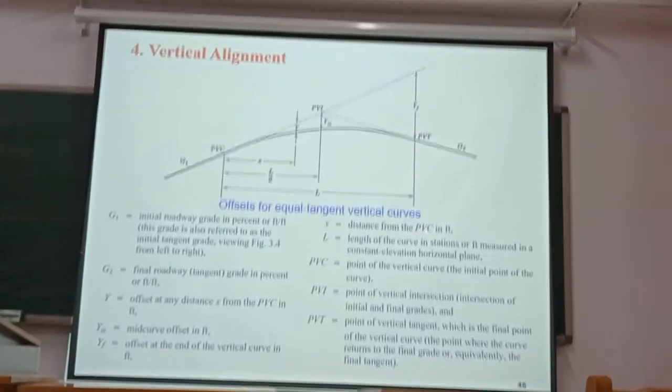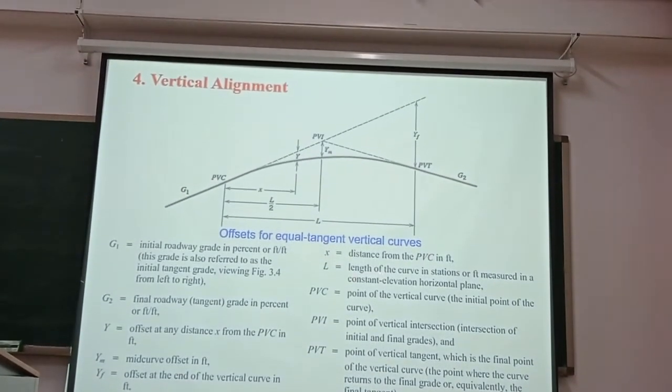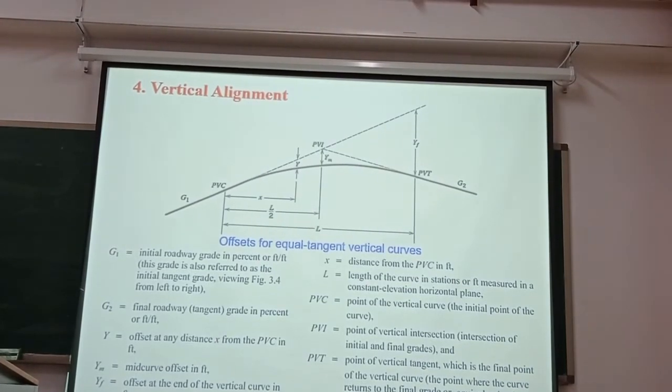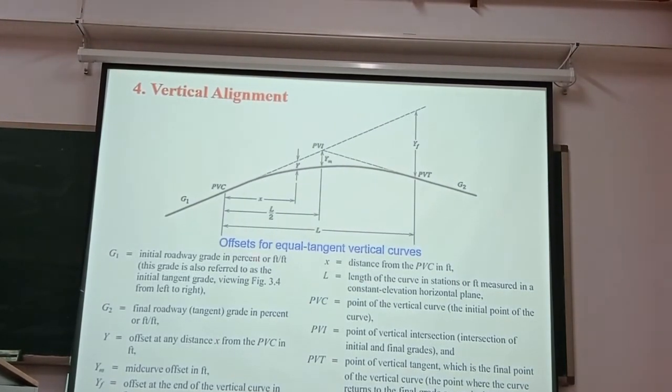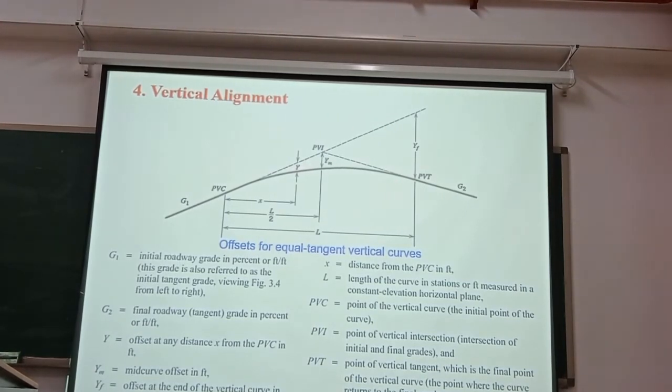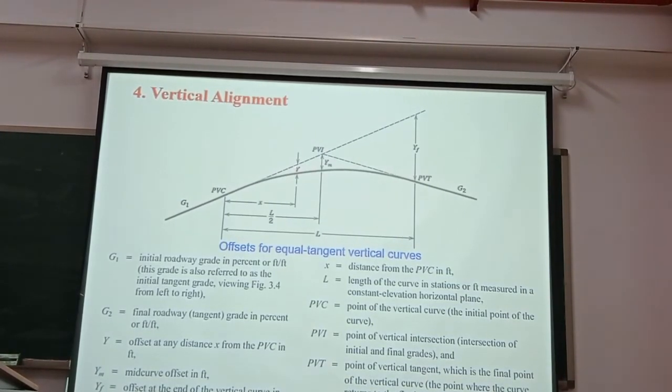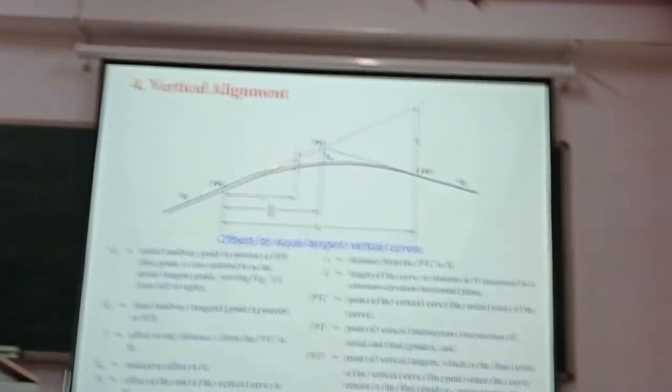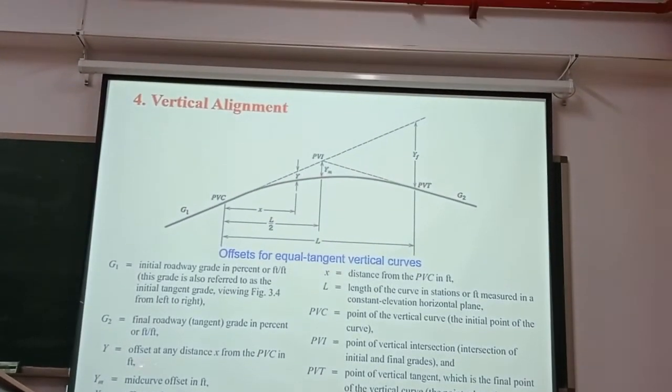X is distance from the PVC. L is the length of the curve in stations. PVC, PVI, PVT is like before. So we should know how to calculate or compute y or ym.